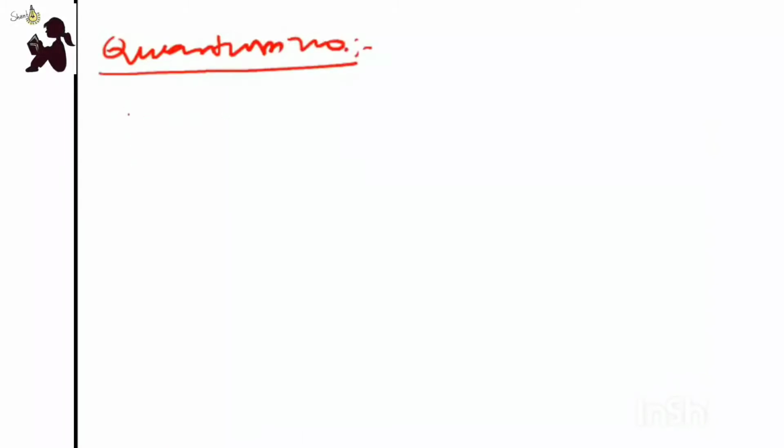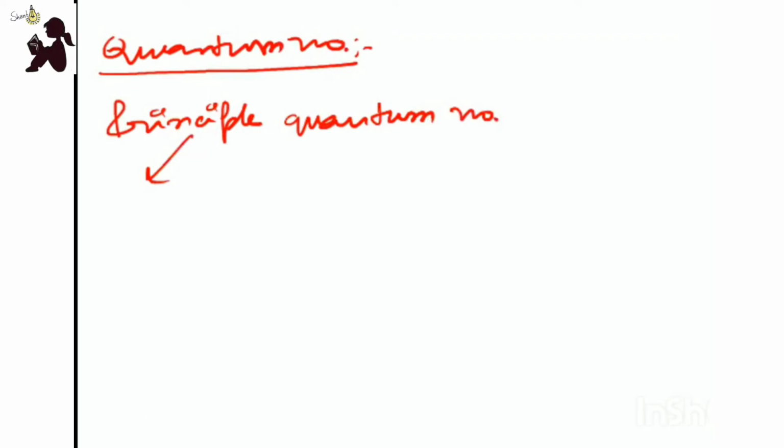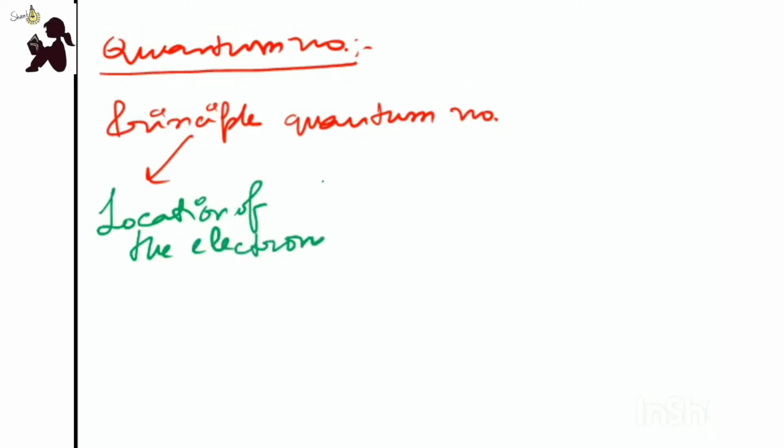So first is our principal quantum number. What does it indicate? First, it indicates the location of the electron. Okay.